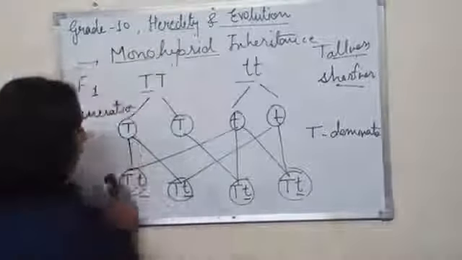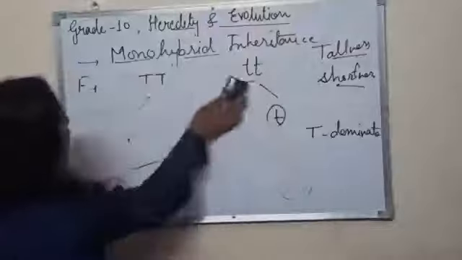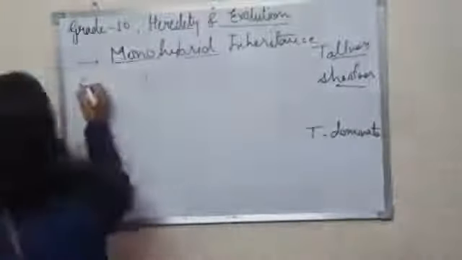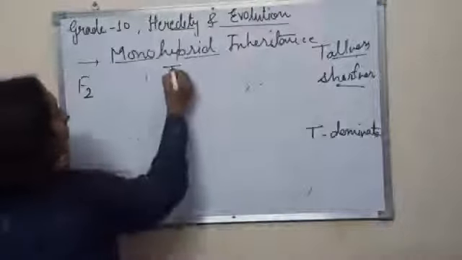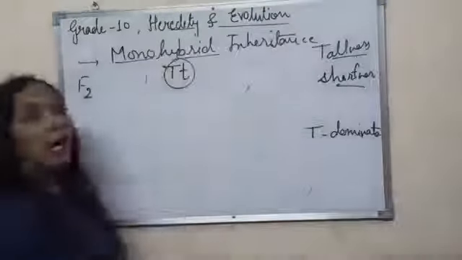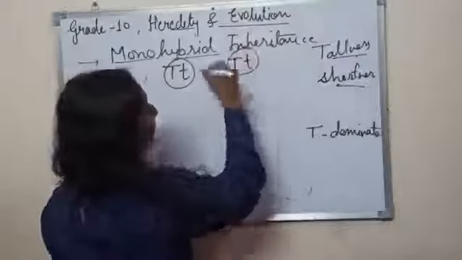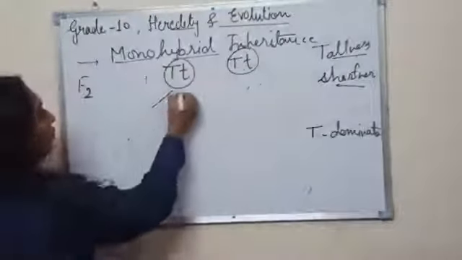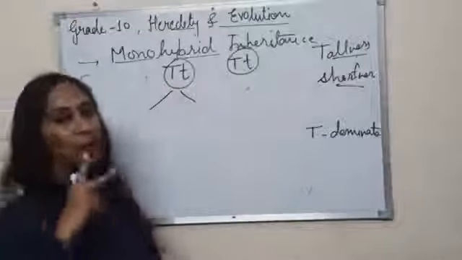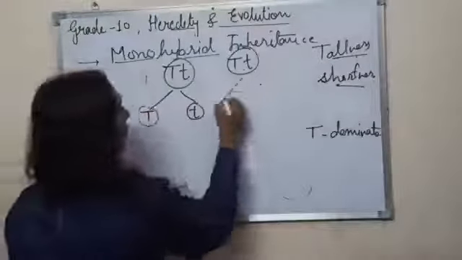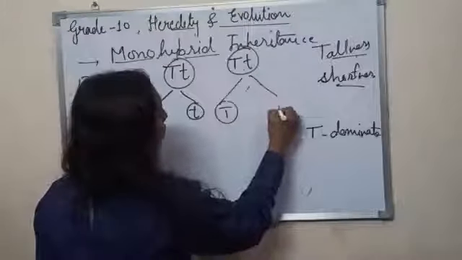Now for the F2 generation, the parental genotype would be a hybrid combination of dominant and recessive characters. Again, we know we'll receive two gametes from each parent, so that stands for capital T and small t.